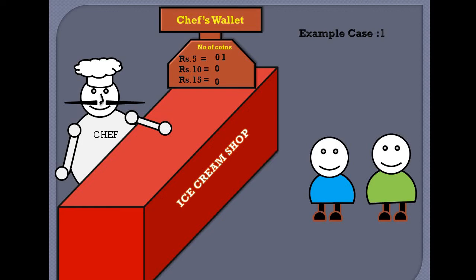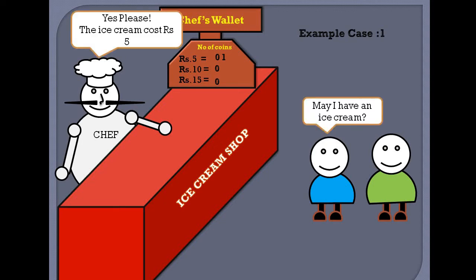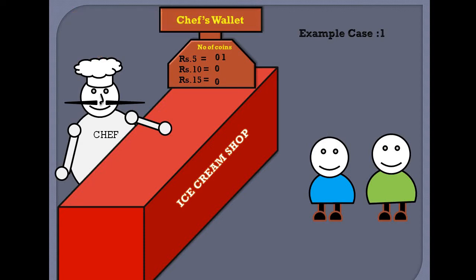After this, let's say the second person asks the chef to give him the ice cream and says the second person pays a rupees 10 coin to get the ice cream. This time, the chef has to return some change.